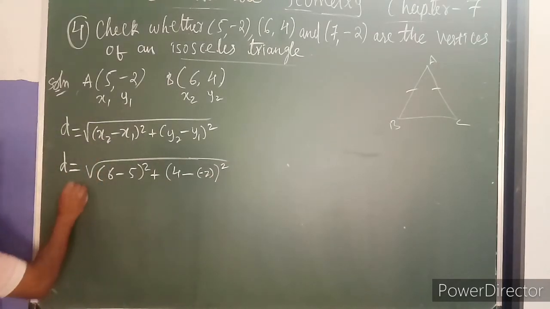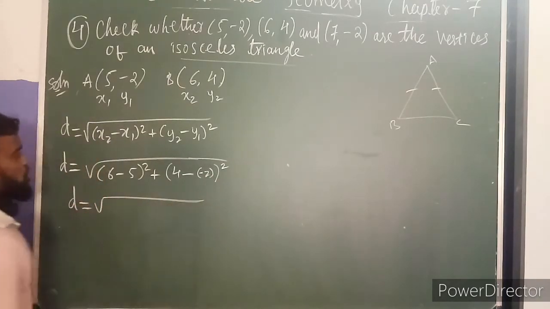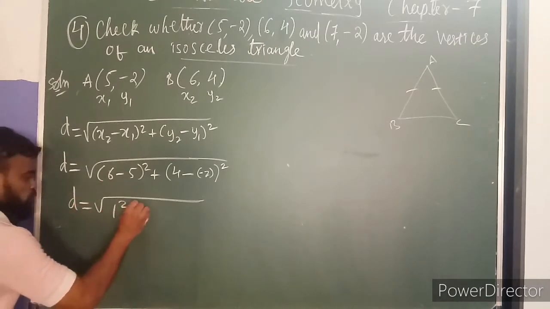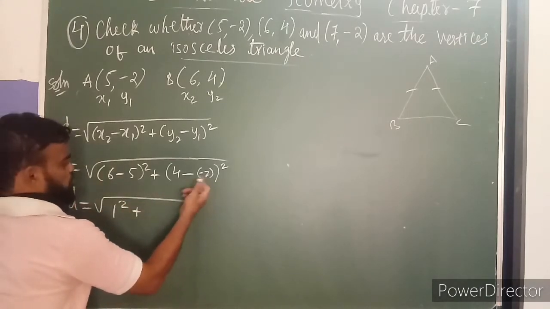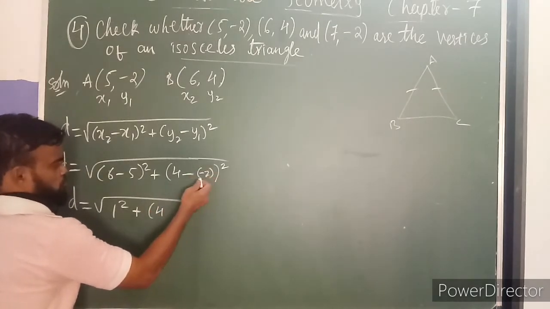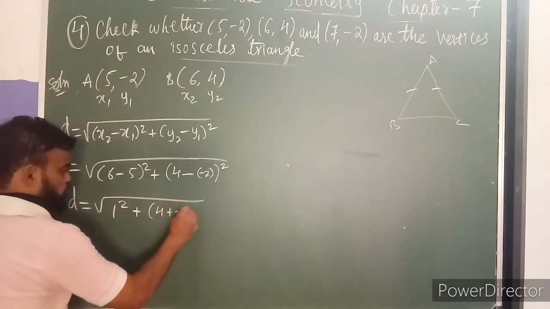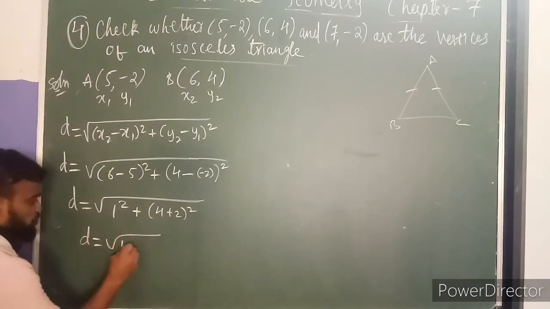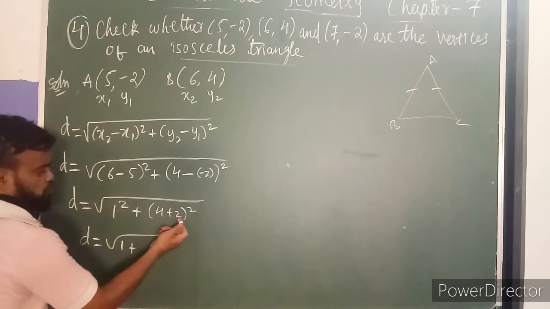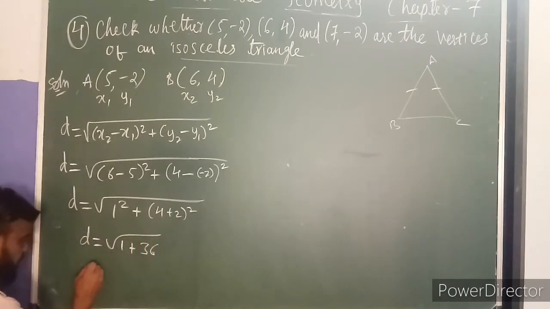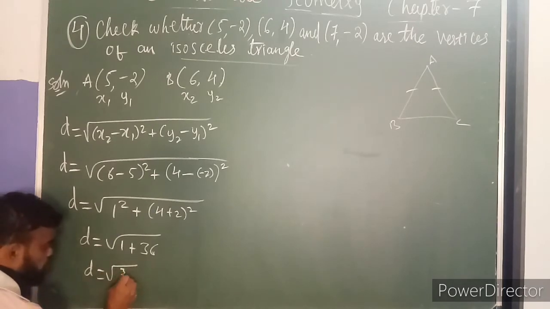So 6 minus 5 is 1 whole square, plus 4 minus into minus, plus 2 whole square. 4 plus 2 is 6 whole square. Under root of 1 square is 1, plus 6 square is 36. If you add, you will get root 37.